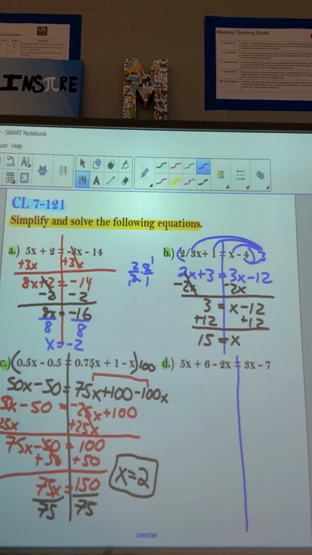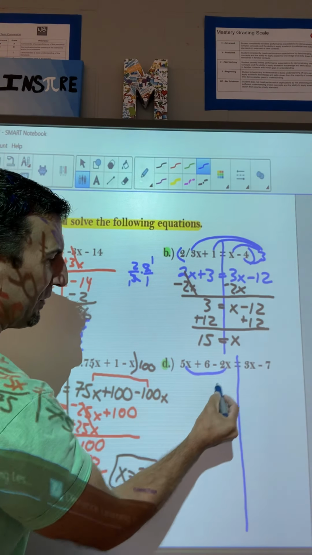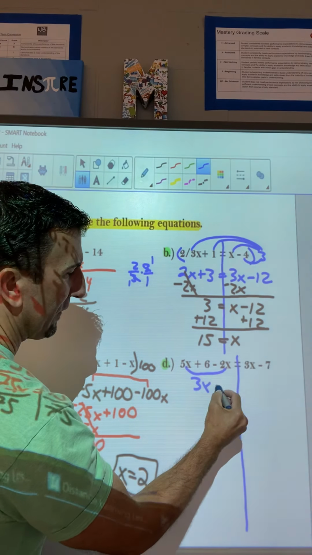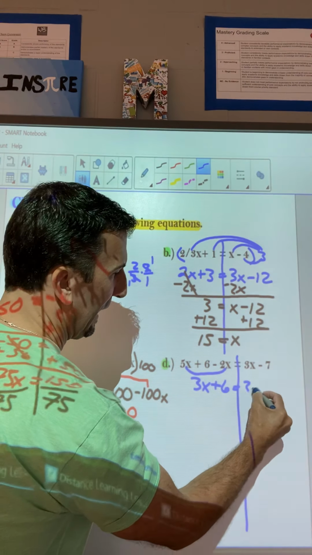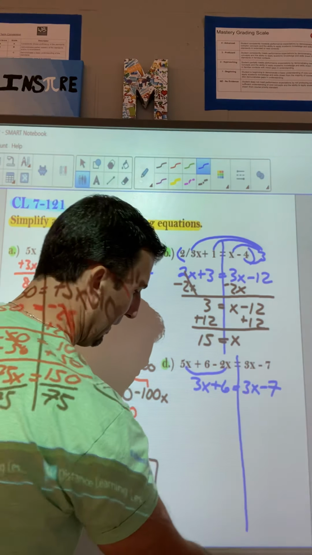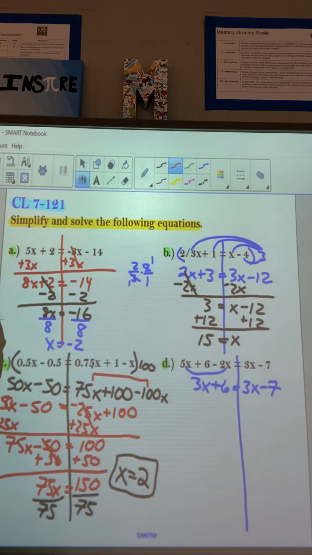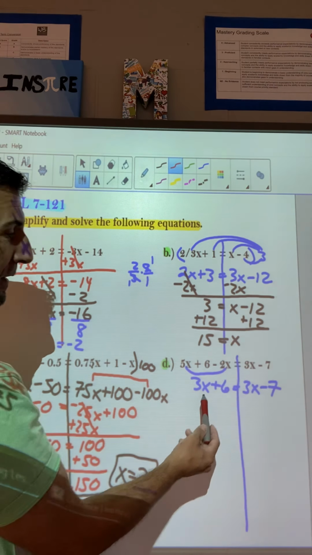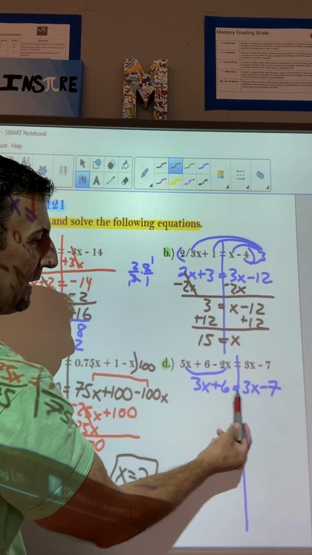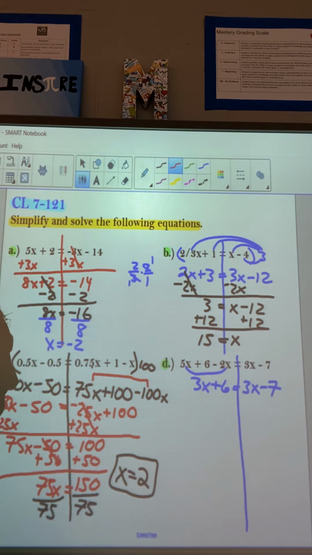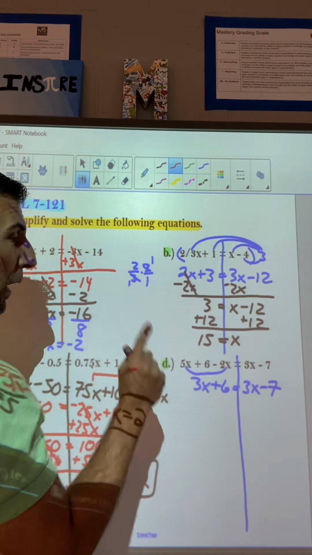Nothing fancy. Combine like terms. 3x plus 6 equals 3x minus 7. Now, some of you could stop there, because think about it. If this is a 3x and I'm adding 6 and that's a 3x minus 7, is that ever going to work? Okay, but for those who don't know, watch.